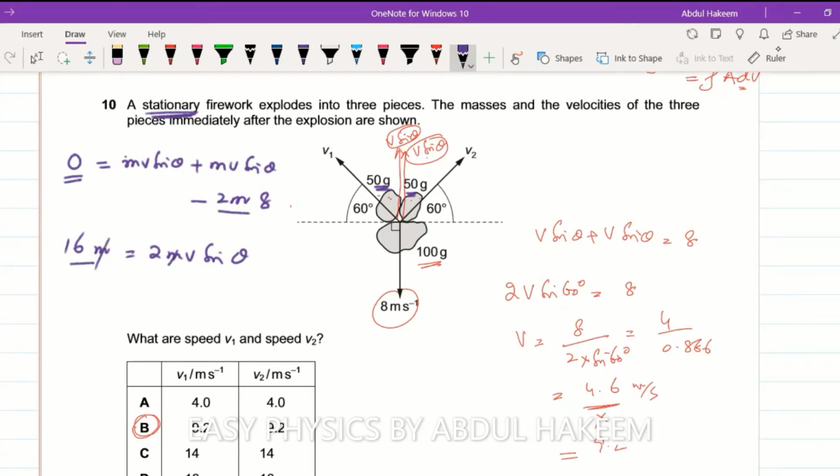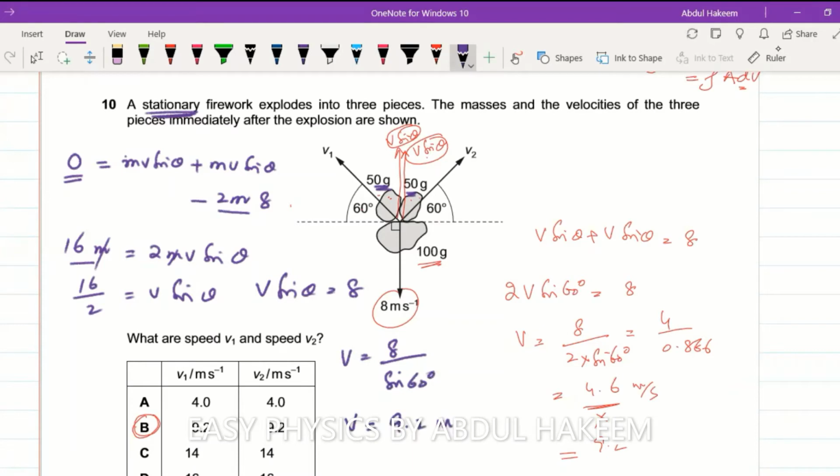So m cancelled. 16 divided by 2 is equal to v sine theta. It means v sine theta is equal to 8, and v is equal to 8 divided by sine of 60 degrees. So you will get 9.2 meters per second as the answer. Either use this or this method.